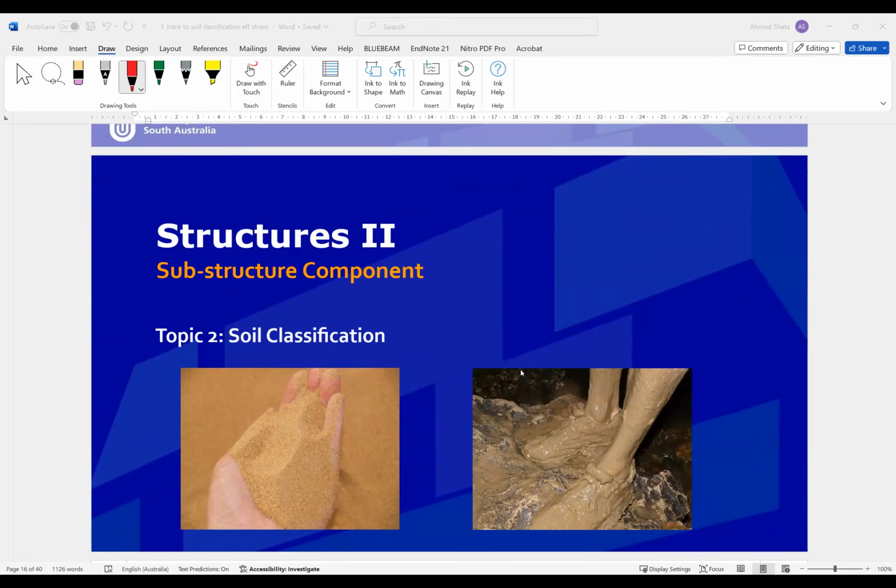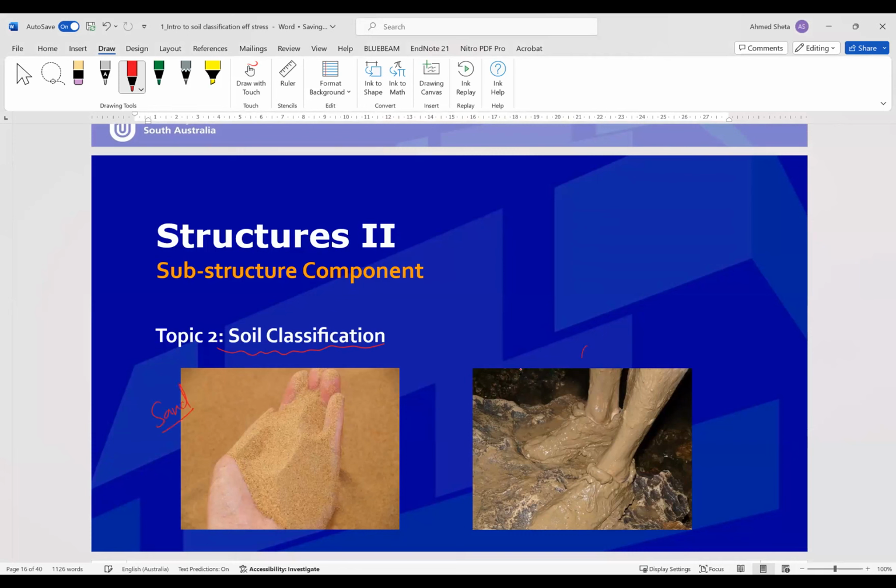Okay. So now the second topic we have today is soil classification. The first topic was about soil formation. Now soil classification. As you can see here, there are two types of soil. To the left is sand.